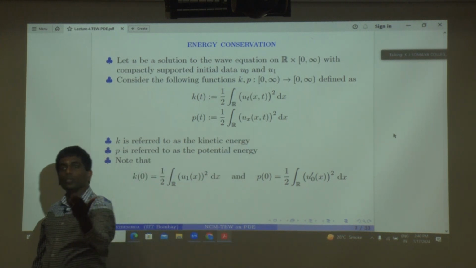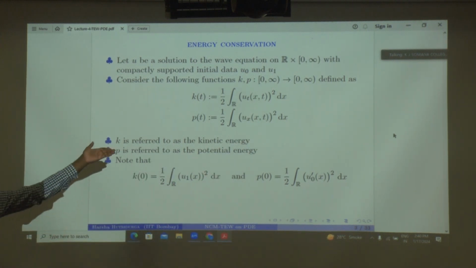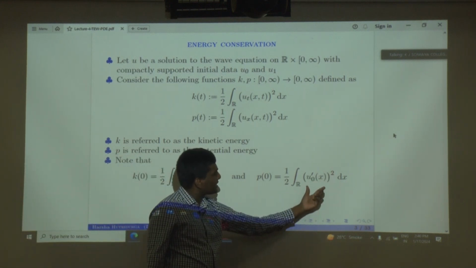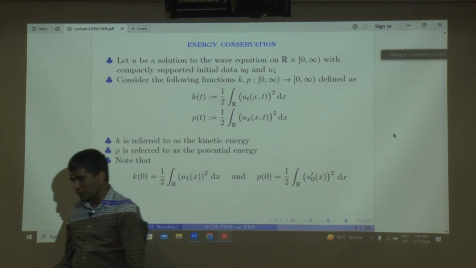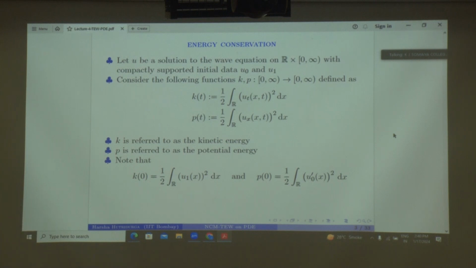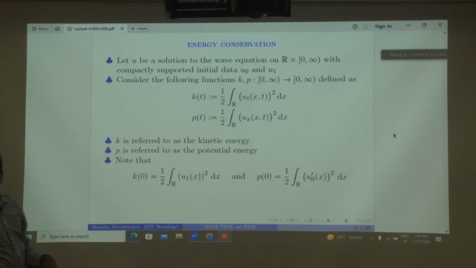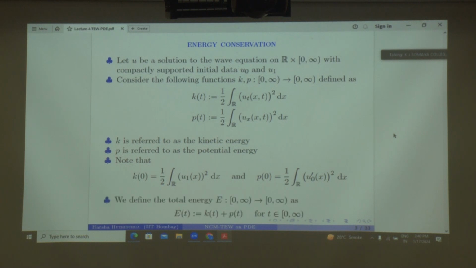We are given u0, and you have to simply differentiate it in the x variable, and square it. You have computed the square integral of the derivative of your initial data u0 and divide by 2. So k0 and p0 are known, and you want to essentially know how the k and p evolve in time. That's what we are after.